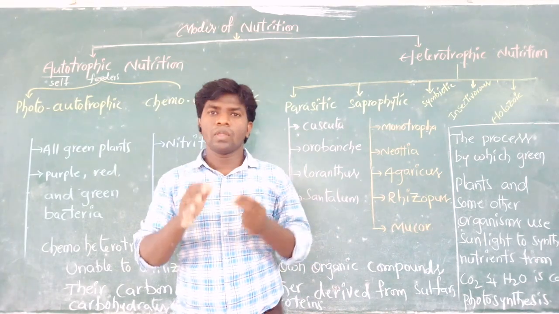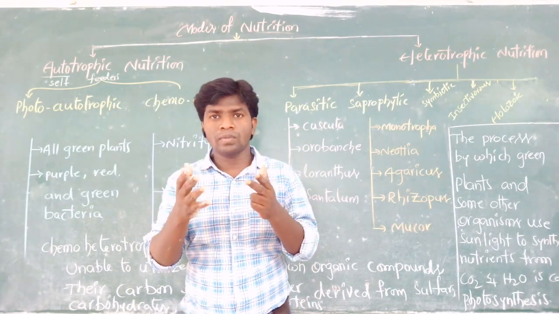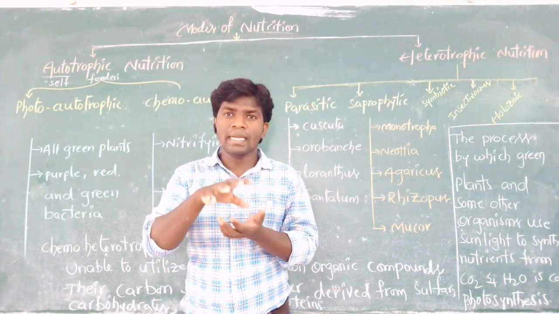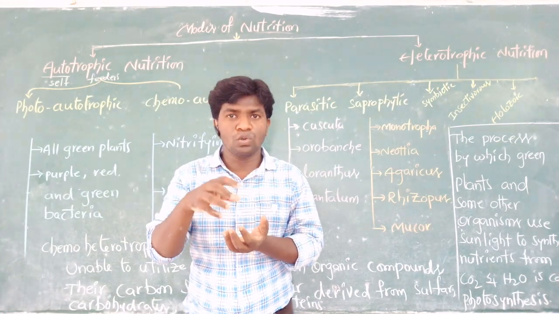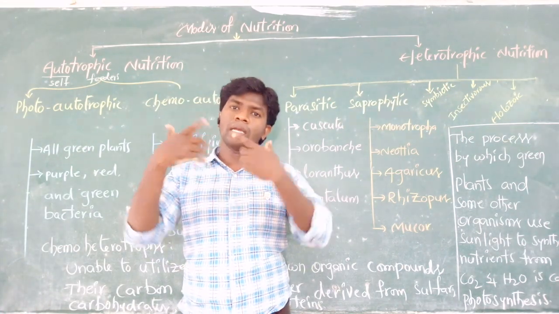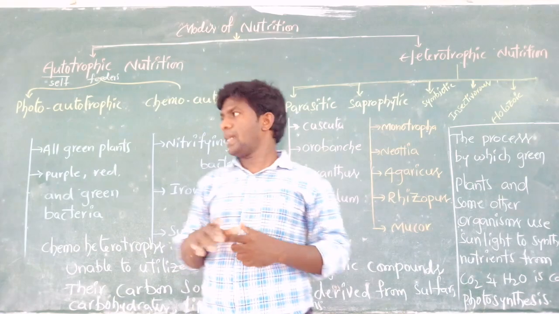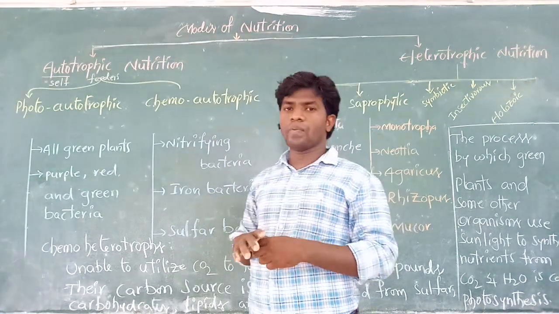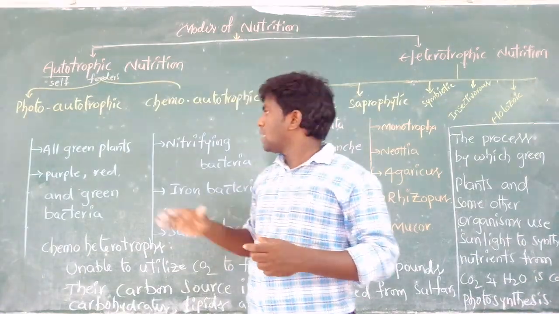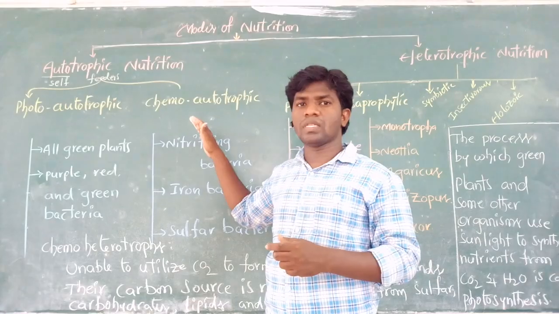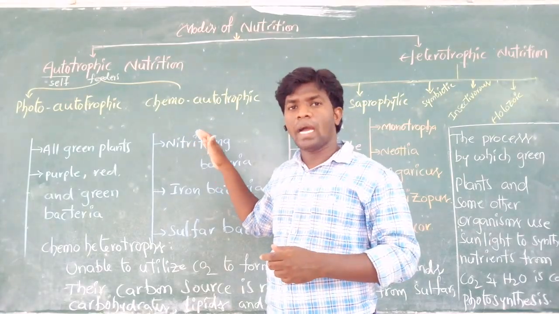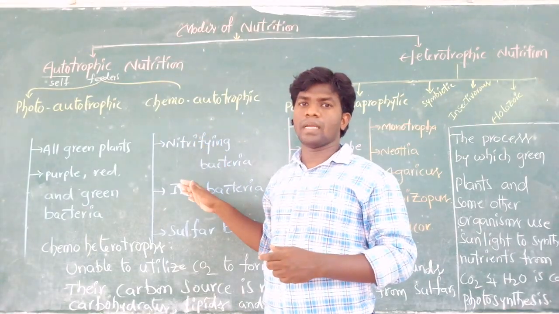Again I am repeating: chemoautotrophs use an inorganic energy source to synthesize organic compounds from carbon dioxide. That is chemoautotrophic nutrition. The examples are nitrifying bacteria, iron bacteria and sulfur bacteria.